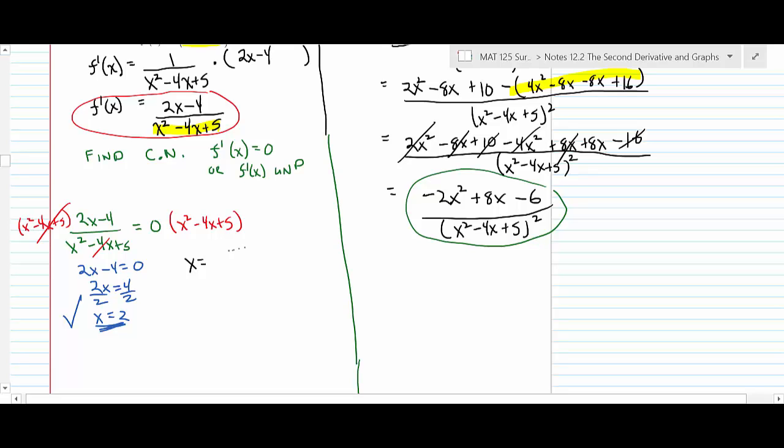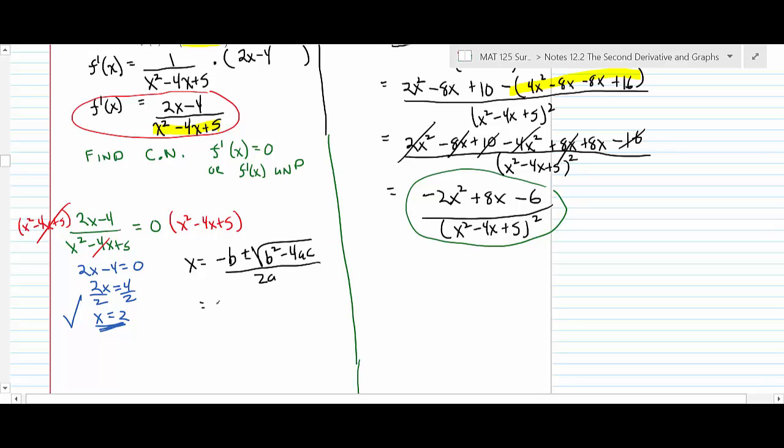So remember, quadratic formula is negative b plus or minus square root of b squared minus 4ac over 2a. Okay, and let's see what happens on this one. So again, b is negative 4. Remember, a is 1, b is negative 4, c is 5. You're looking just at the bottom because we're setting that equal to 0. That's the reason we're doing that.